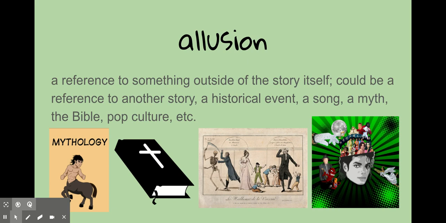They could mention something from pop culture or our culture today that we're supposed to just understand. The problem occurs when a narrator or a character mentions something, but we don't recognize it because we're not familiar with it. If we miss that allusion, then we miss the author's point or the speaker's point.